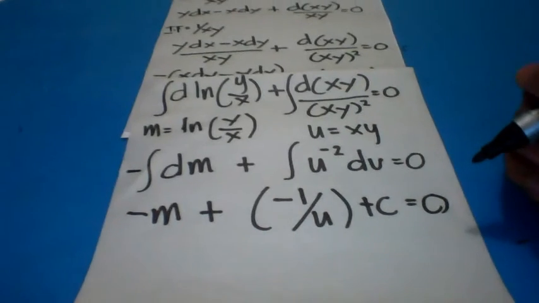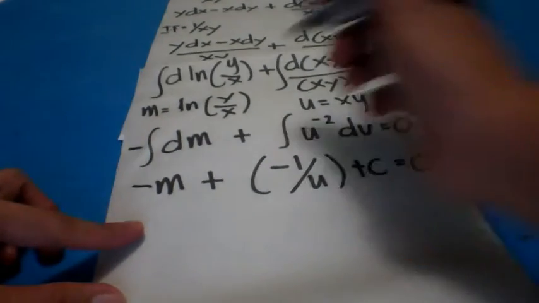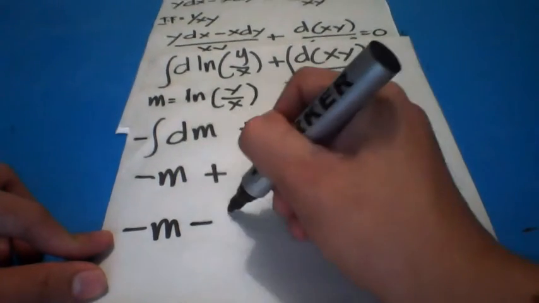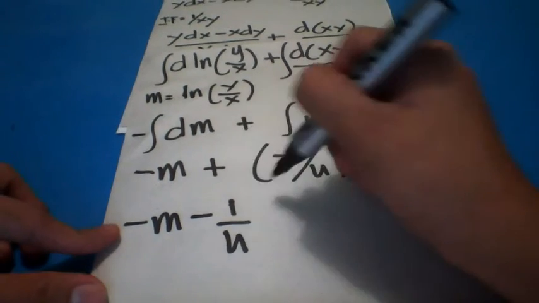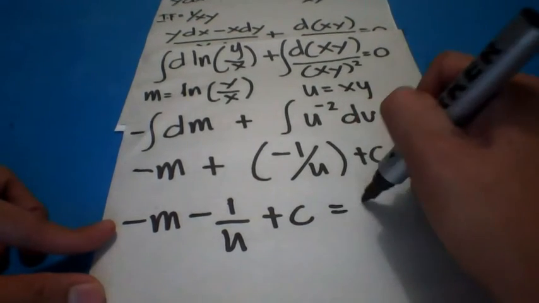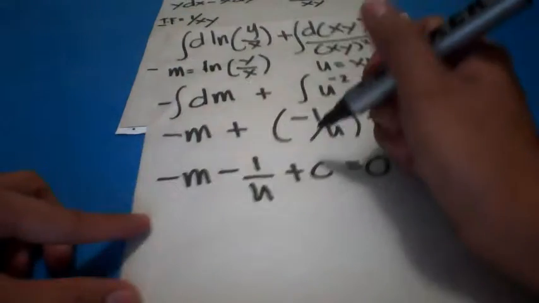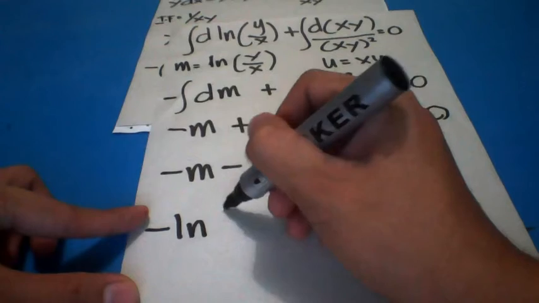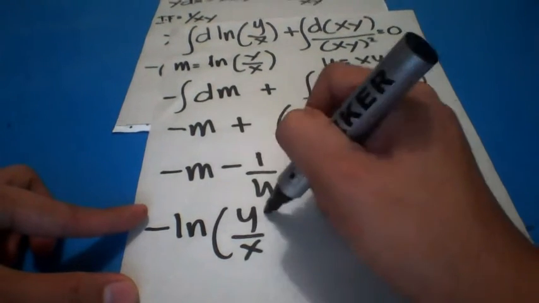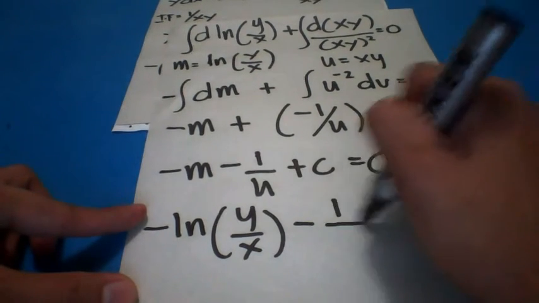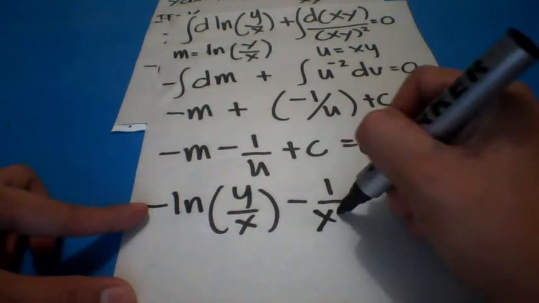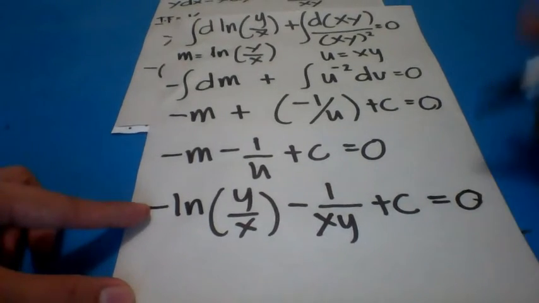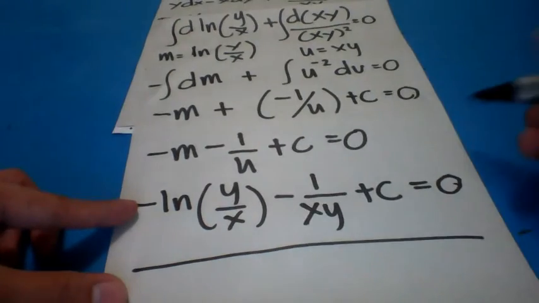So my final answer is negative m minus 1 over u plus c, and m is ln of y over x. So negative ln of y over x minus 1 over xy plus c equal to 0. So this is my final answer.